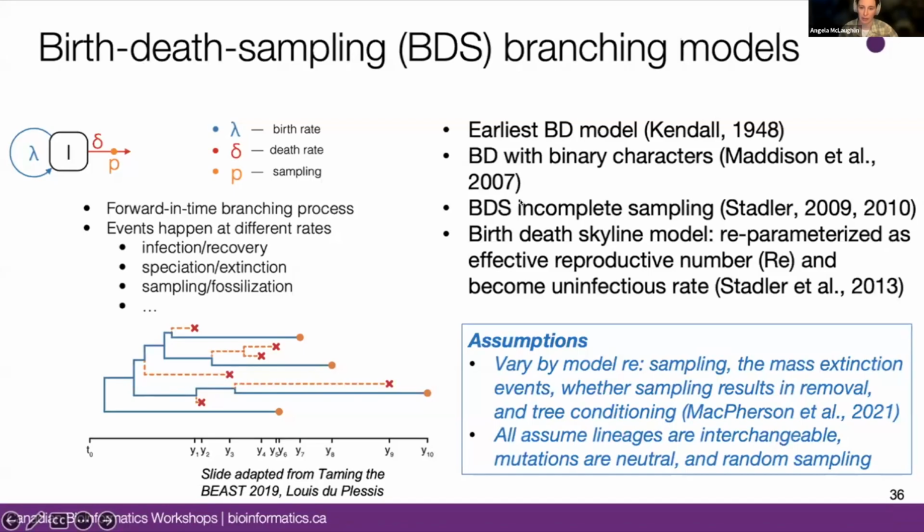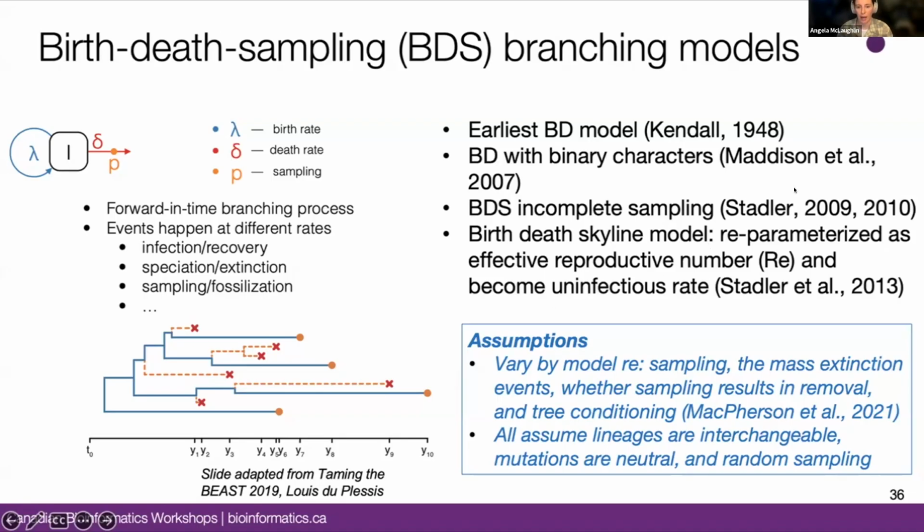The birth death sampling with incomplete sampling, as well as the often encountered birth death skyline model, which is reparameterized so that you're not sampling from birth, death, and sampling rates in the Bayesian process, but you're actually looking at the effective reproduction number, birth over death, and also the become uninfectious rate, which is the removal rate, basically.